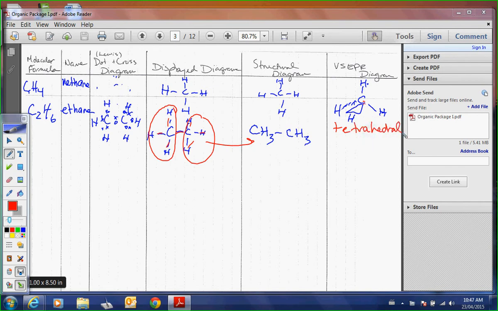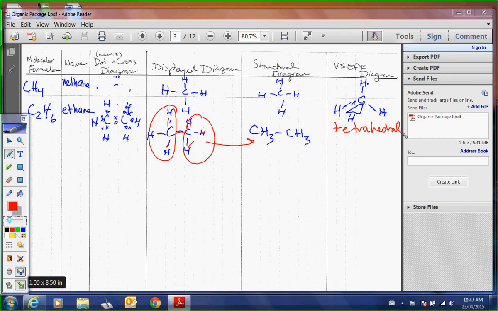Tetrahedral. Tetrahedral. Yes, you need to remember that. Okay? They don't really ask you any others, but they ask you what tetra. Tetra being 4. Okay?